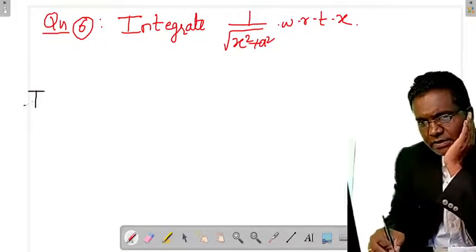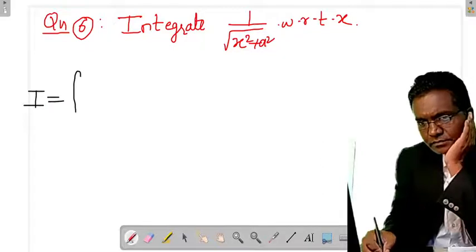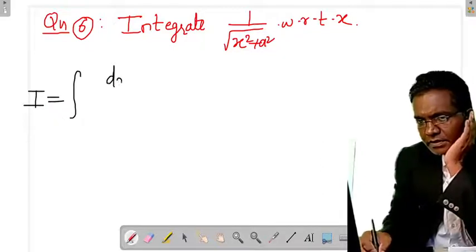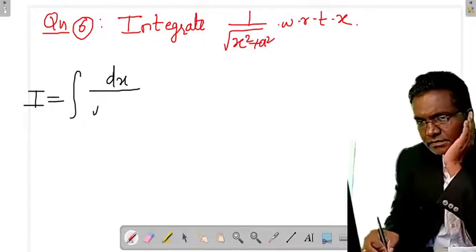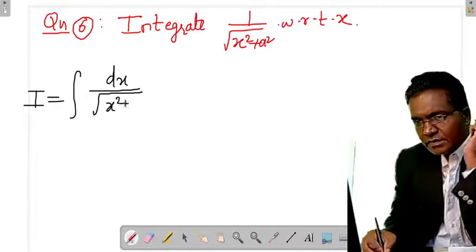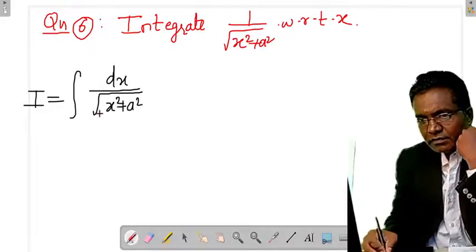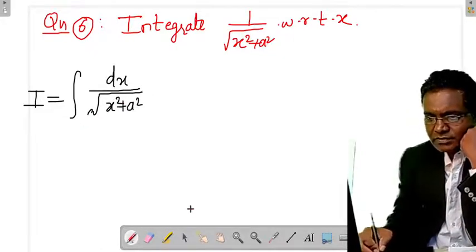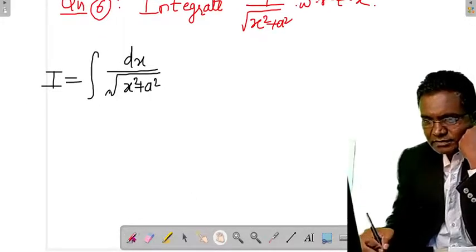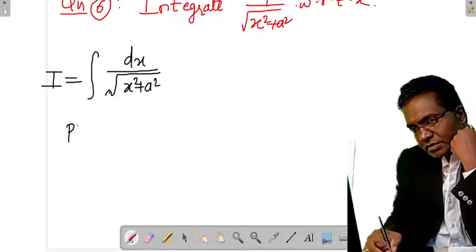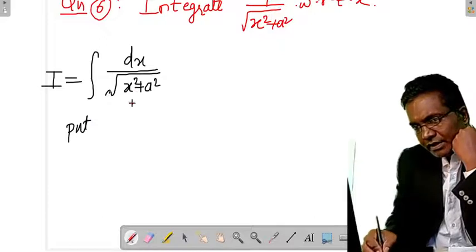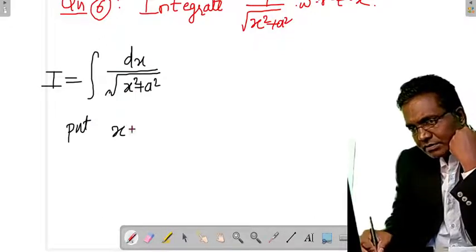As usual, let us call I is equals to integration of 1 divided by square root of x square plus a square. Now whenever, as I said, you find x square plus a square, put x is equals to a tan theta.